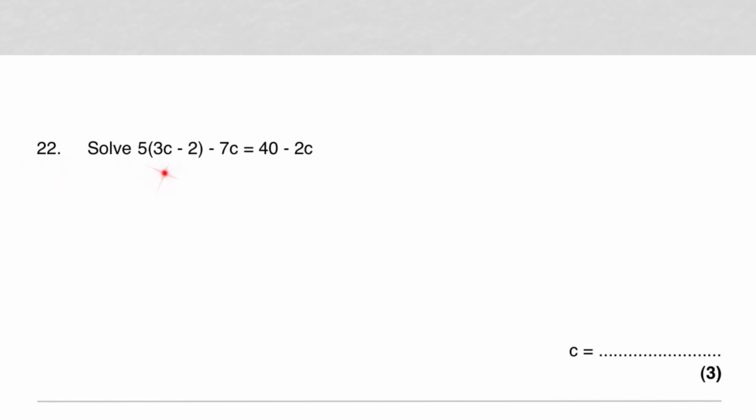Question 22. We need to expand and collect like terms and solve. 5 times 3c is 15c. 5 times minus 2 is minus 10. Minus 7c equals 40 minus 2c.